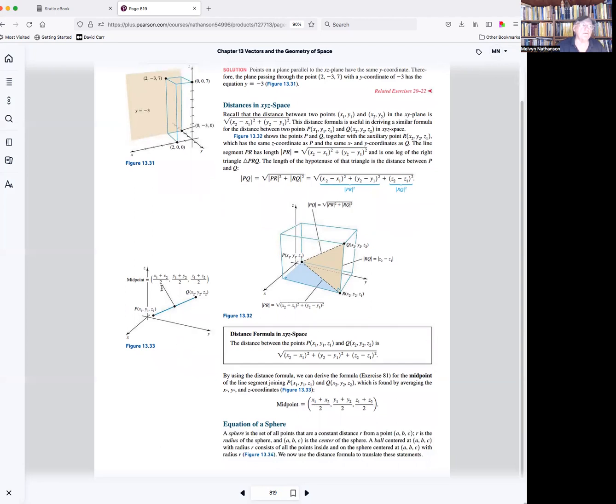You take the average of the x coordinates, x1 plus x2 over 2, the average of the y coordinates, y1 plus y2 over 2, and the average of the z coordinates, z1 plus z2 over 2. And that's the midpoint.